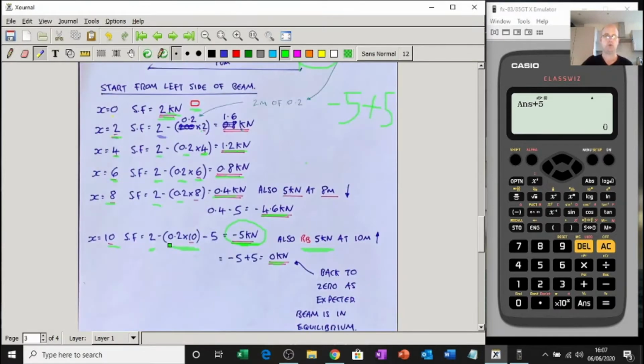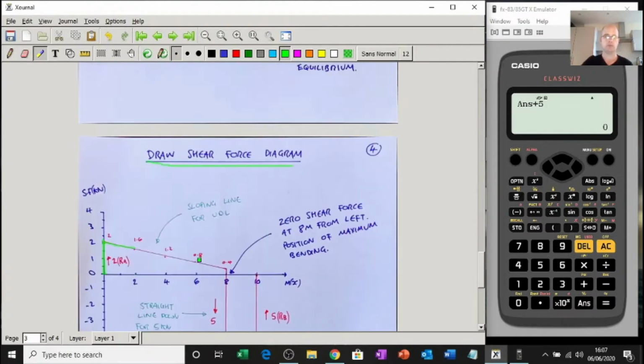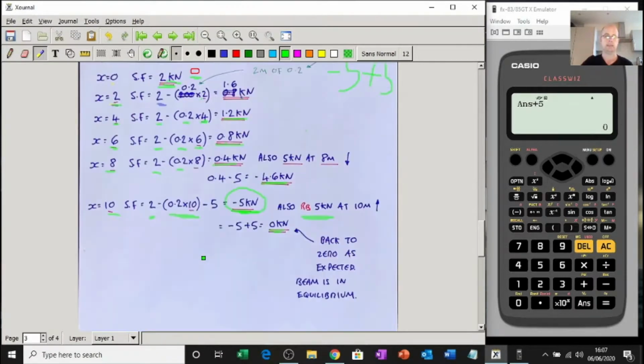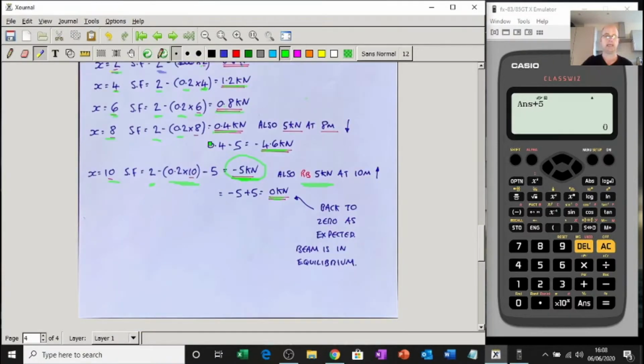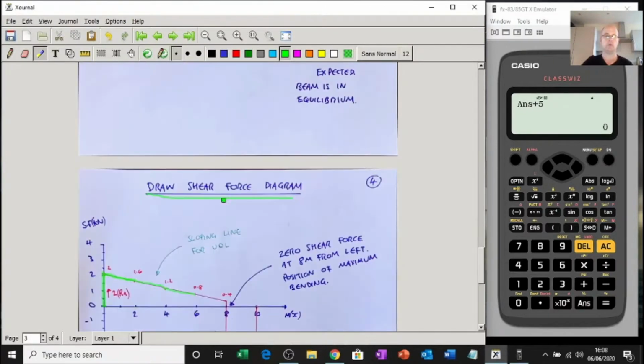X equals 4, 1.2. It's a fairly straight line if you've done your proper scale. X equals 6, I've got 0.8, coming down nicely. X equals 8, now I've got 2 points. I've got 0.4. Plot that.